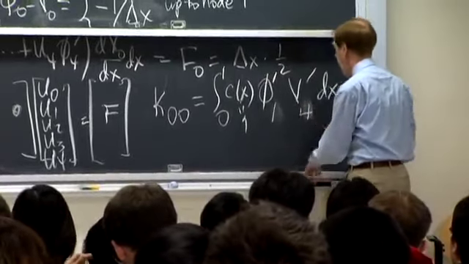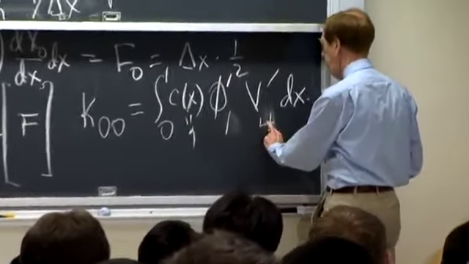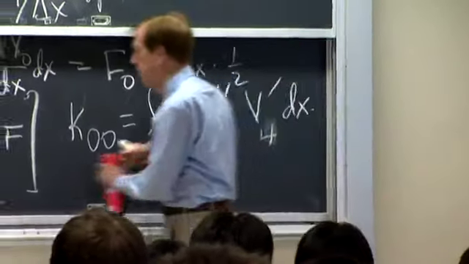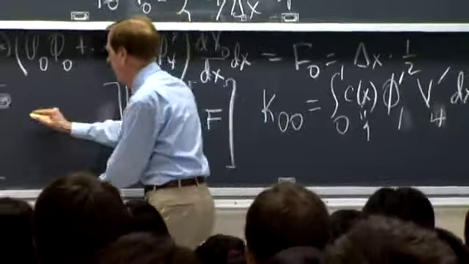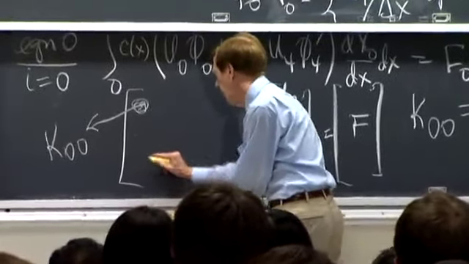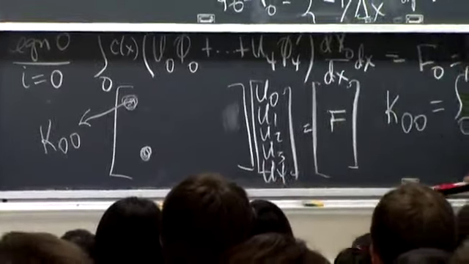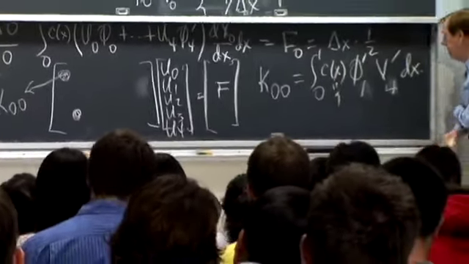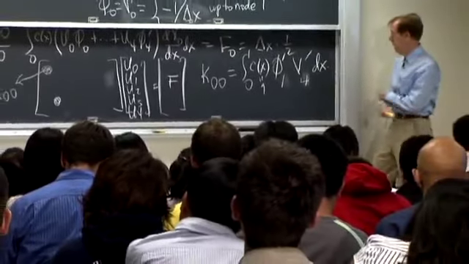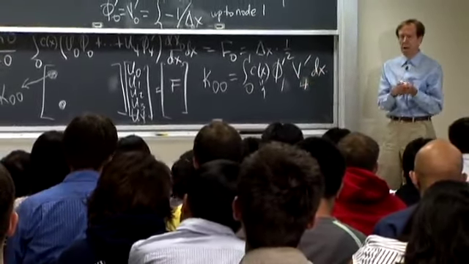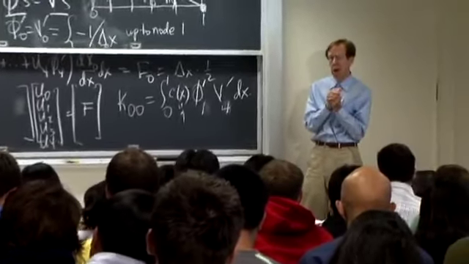When I integrate phi 1 prime against v 4 prime, maybe it's the 4th row and the first guy over. Maybe it's this guy I'm doing. Doesn't matter a whole lot. Because the answer is, it's nice to get the easy ones.